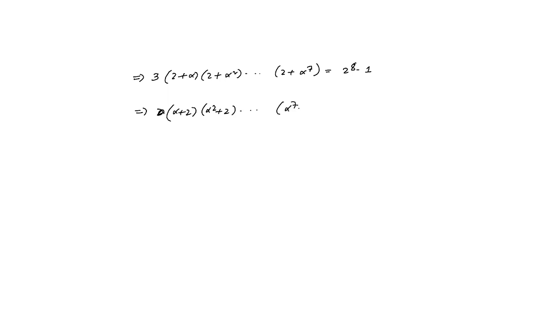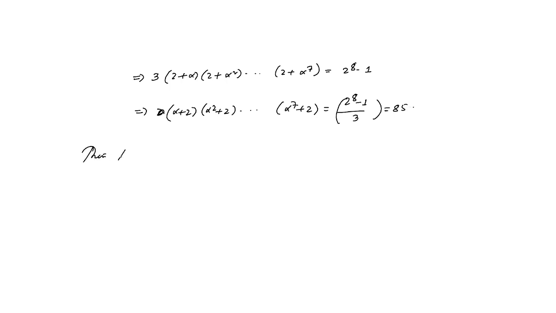That will be 3 into (2 plus alpha)(2 plus alpha square) up to (2 plus alpha to the power 7), which equals 2 to the power 8 minus 1. So the product of (alpha plus 2)(alpha square plus 2) up to (alpha to the power 7 plus 2) is (2 to the power 8 minus 1) by 3, so that will be 85.